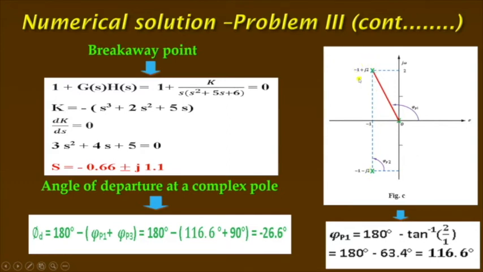So if one is a positive angle of departure, the other is obviously a negative angle of departure.